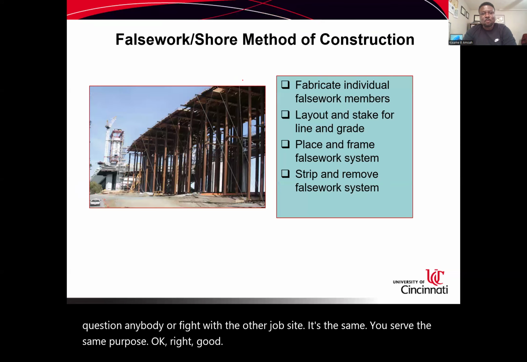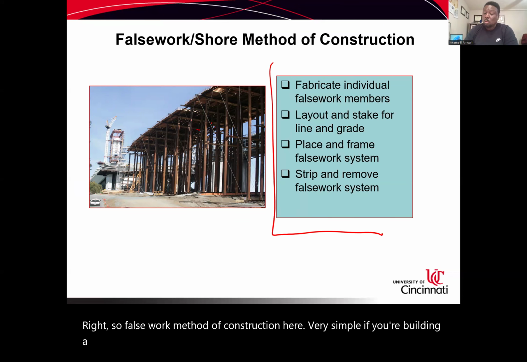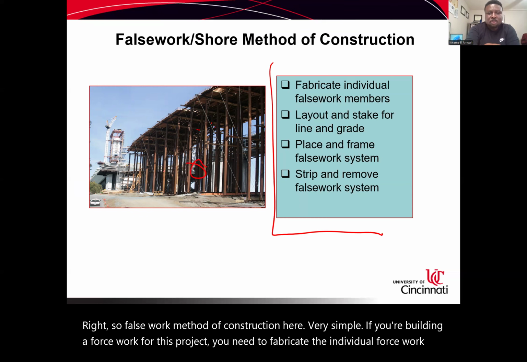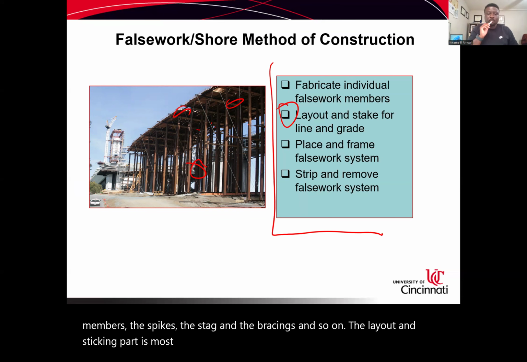Right. So the formwork method of construction here is very simple. If you're building formwork for this project, you need to fabricate the individual formwork members, the pipes, the stack, and the bracings, and so on. The layout and staking part is most important, right?